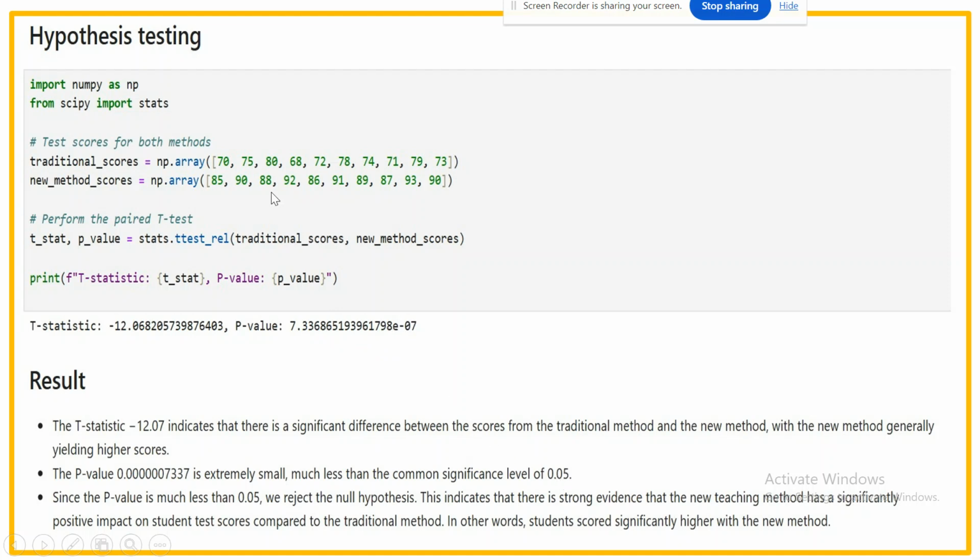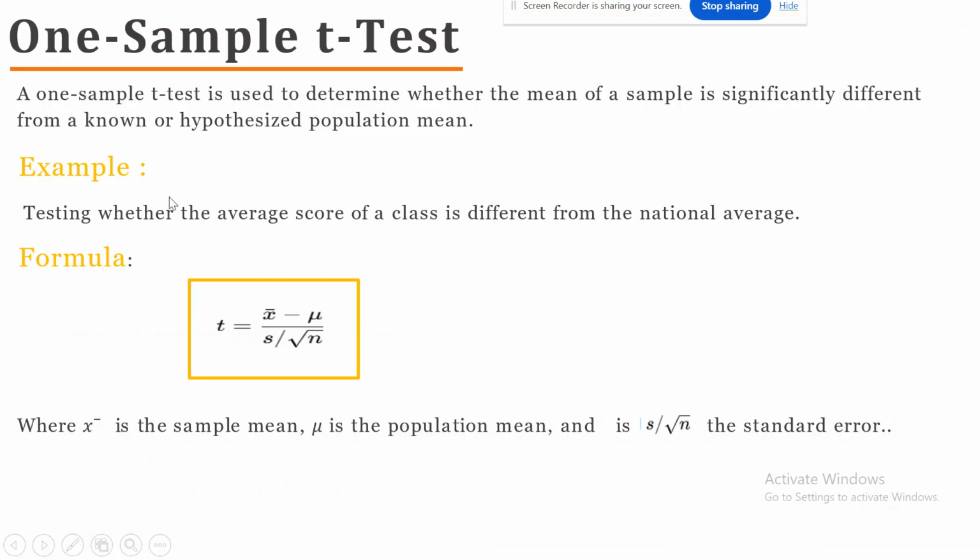Our null hypothesis was that the new method does not improve the score, but here our p value becomes so small that it is less than the 0.05 significance level. So we will reject the null hypothesis and accept the alternate hypothesis, that our marks improve due to the new method.